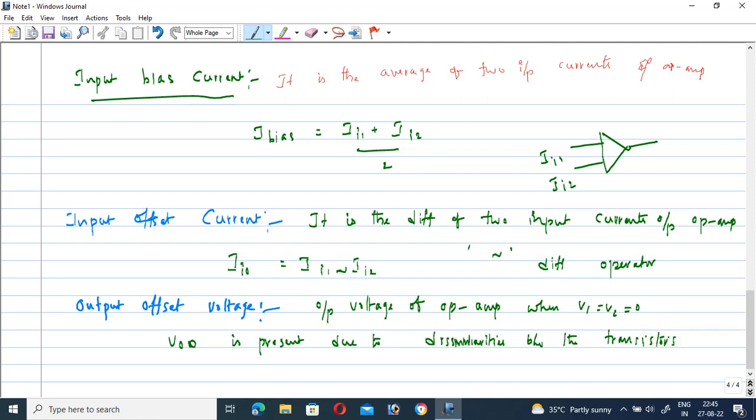Okay, so VOO is in the range of hundreds of millivolts to a few volts. So this is the range of output offset voltage.